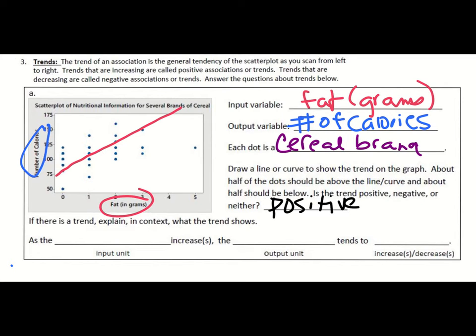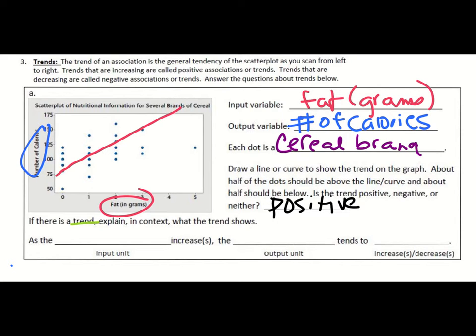So if there's a trend, explain in the context what the trend shows. So at this point, when I want you to write a sentence about a trend, you're basically going to write it as: as the input, whatever the input is, increases, the output tends to do this. So when I want you to write something about a trend, you're going to write it like this.